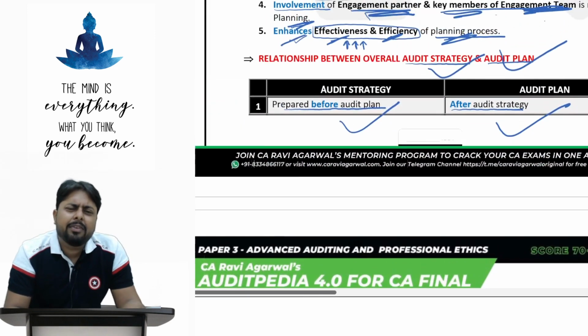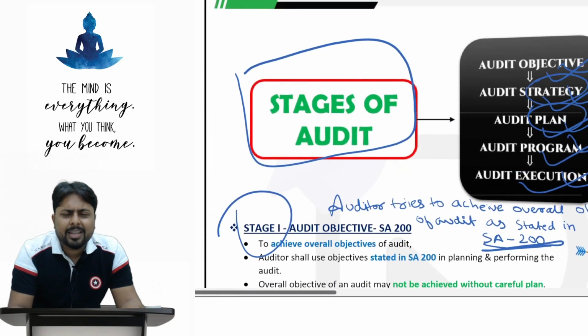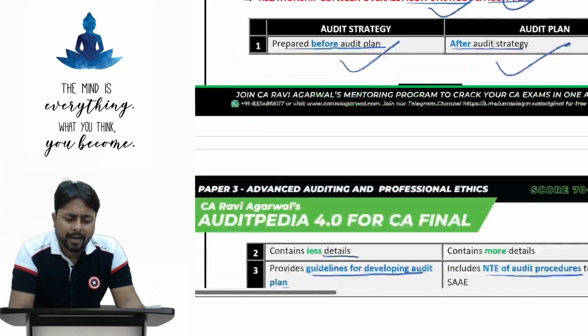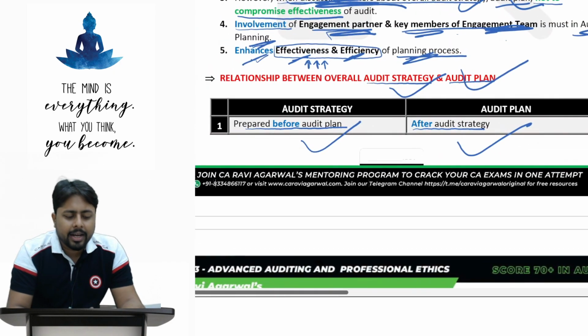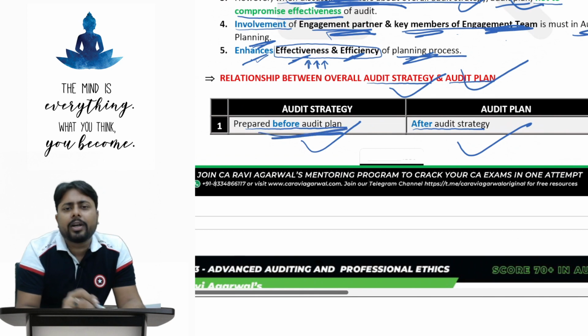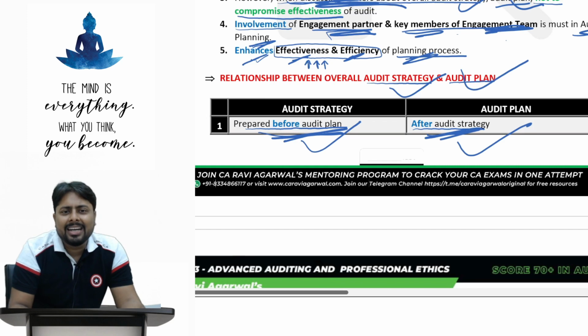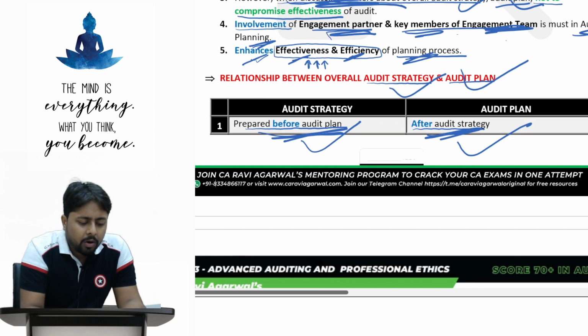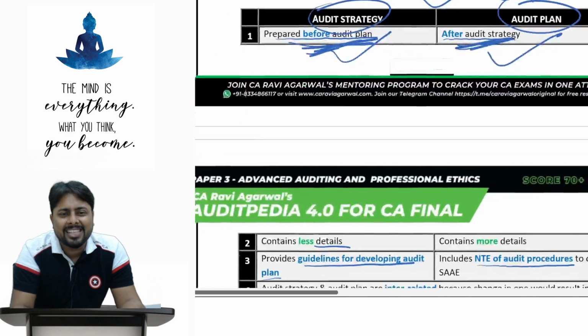Right, guys? Sir, I have one confusion. Can you please tell me the relationship between audit strategy and audit plan? First of all, we make our audit strategy, so it is prepared before the audit plan, and once the strategy is done, we make our audit plan. So simple.